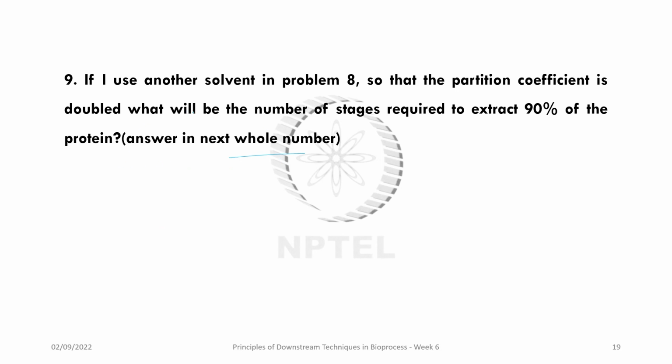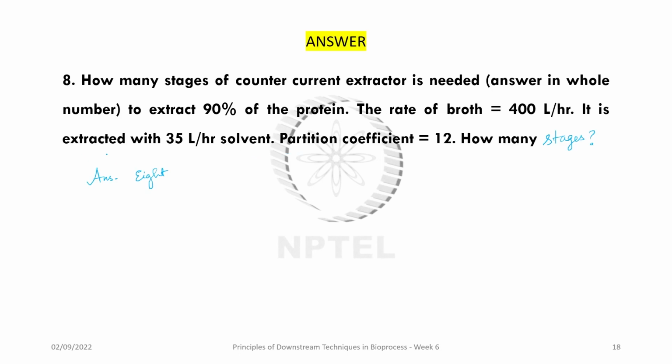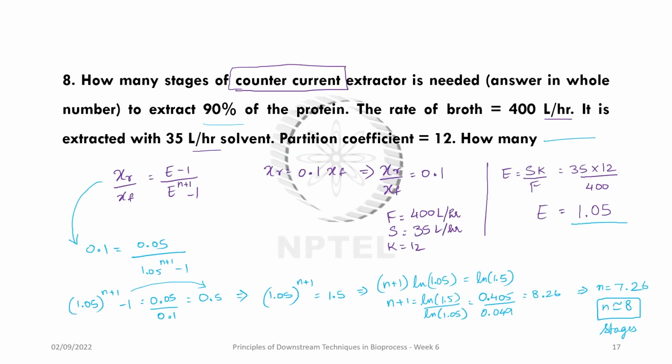If I use another solvent in problem 8 so that the partition coefficient is doubled, what will be the number of stages required to extract 90% of the protein? So XR by XF is equal to 0.1. Correct? And what are our values?